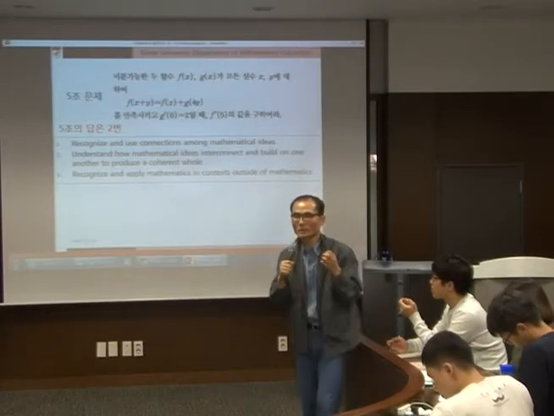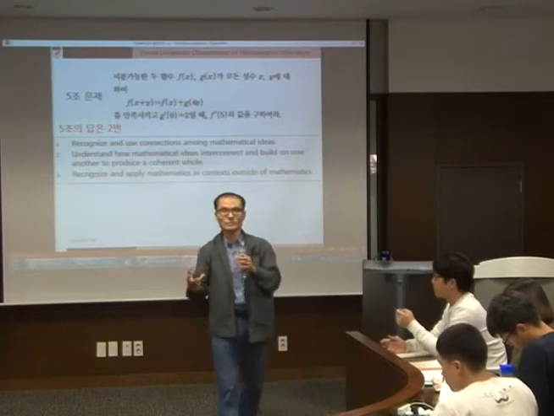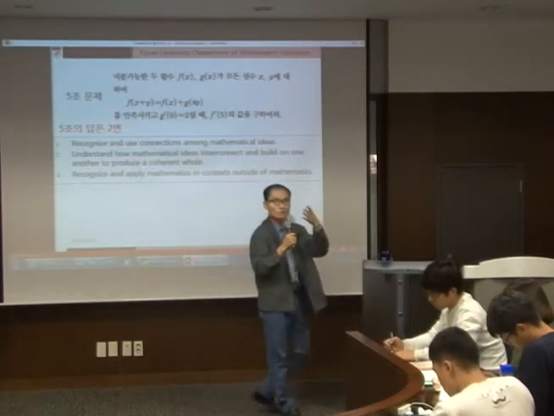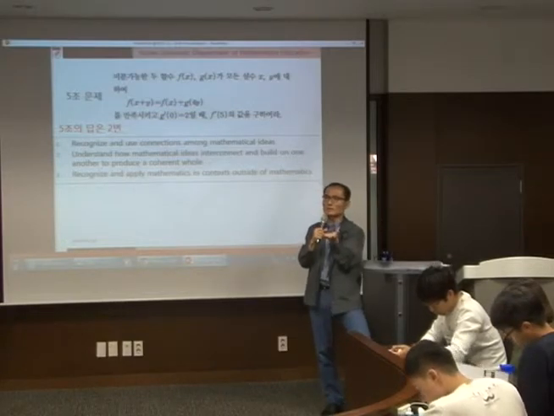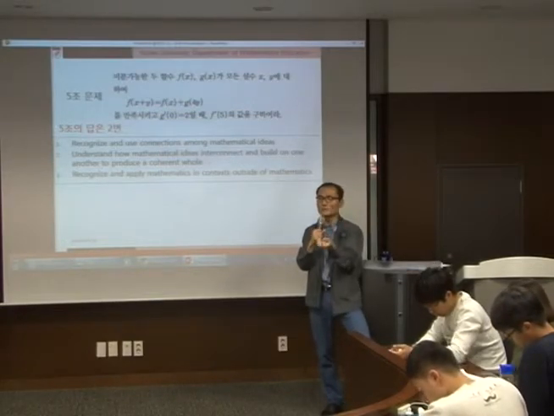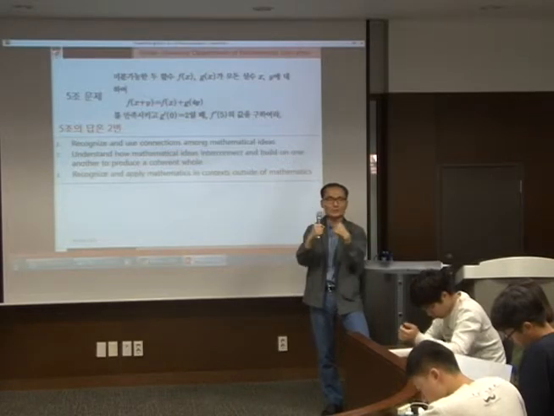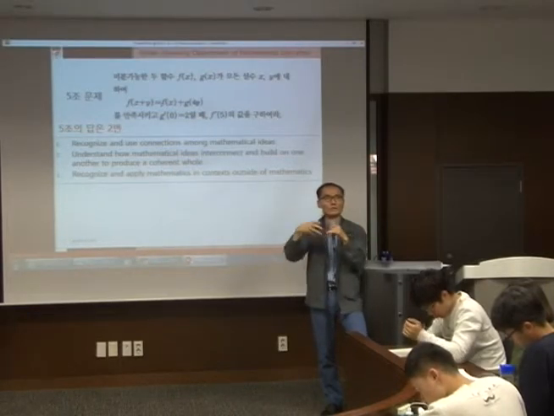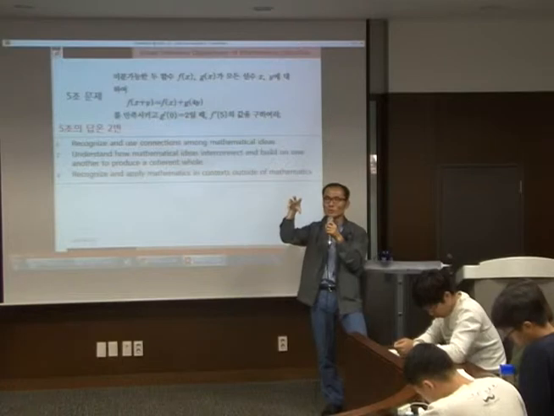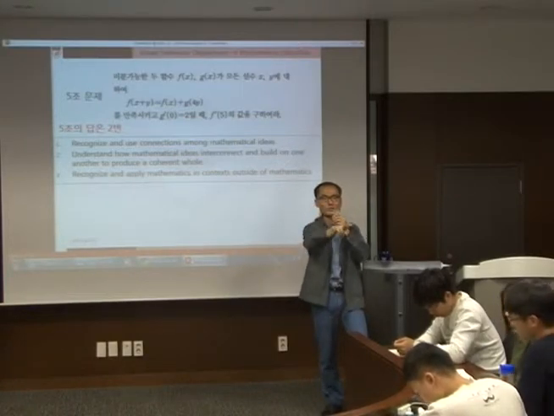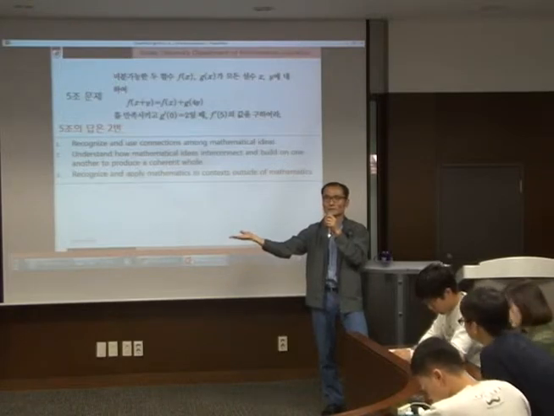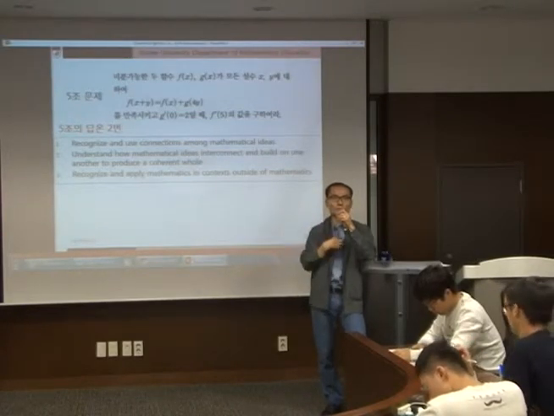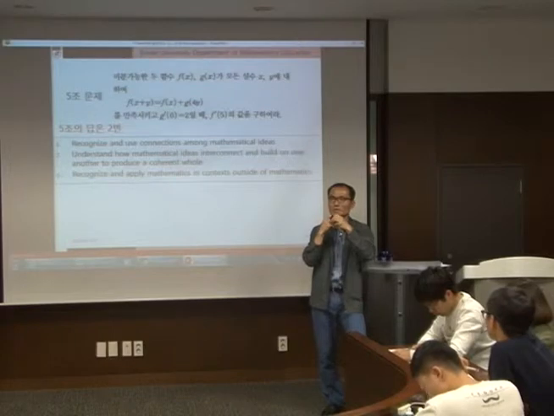However, if something has been changed in the pre-concept as well as the concept learned next, they interconnect with each other and produce a coherent whole, meaning students can see both of them in the same way. That's a coherent whole from my perspective according to the NCTM standard. That makes sense to you?